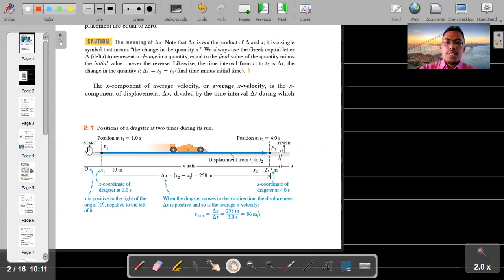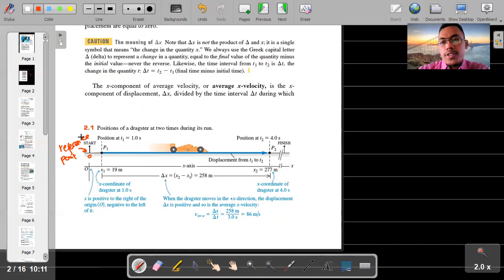The start line is used as a reference point. So this is the reference point, which is 0.